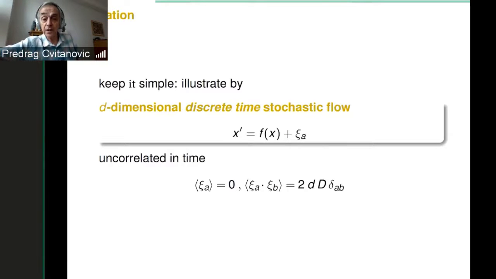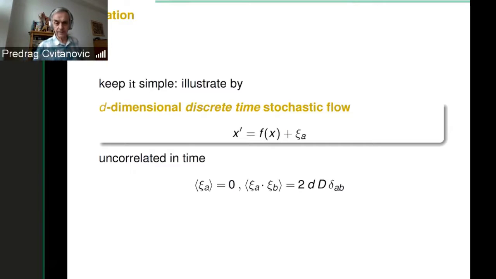I have to tell you what kind of noise you have. So typically, I assume that the noise between two successive steps is uncorrelated. If I got kicked this way, the next kick doesn't care.